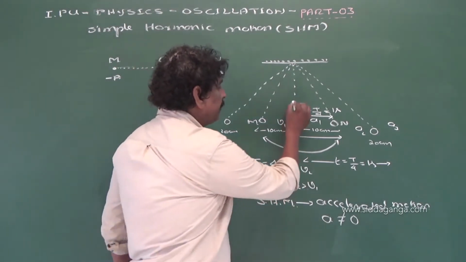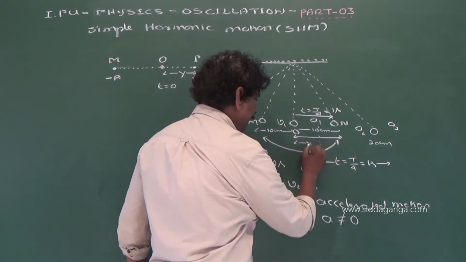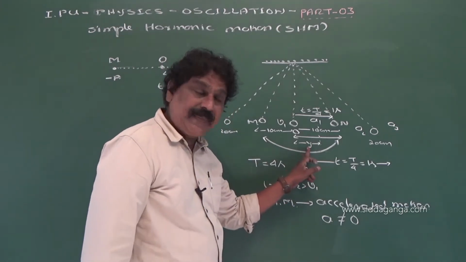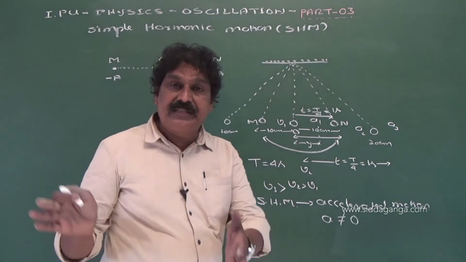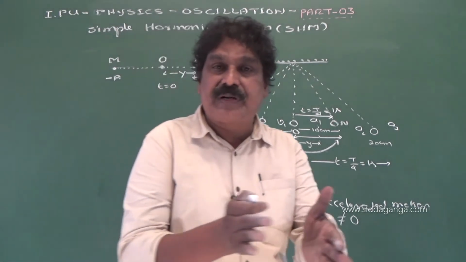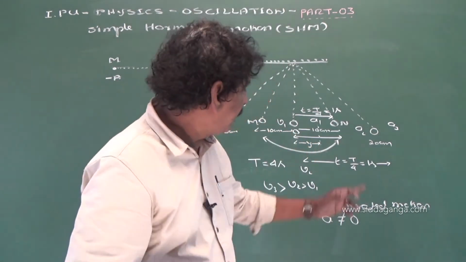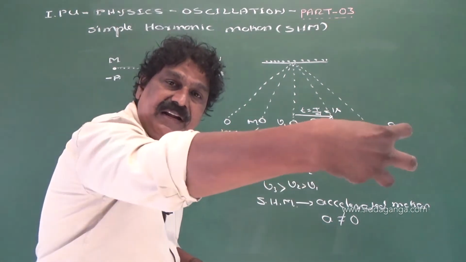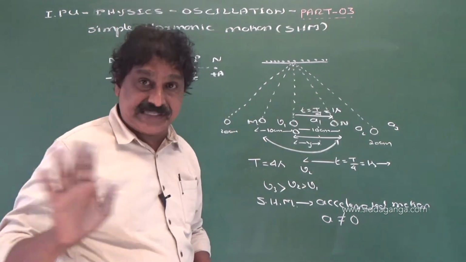So at any position, say y, at that stage acceleration is directly proportional to displacement. That means when we observe the motion of a simple pendulum at different amplitudes, we say that the time period is the same.